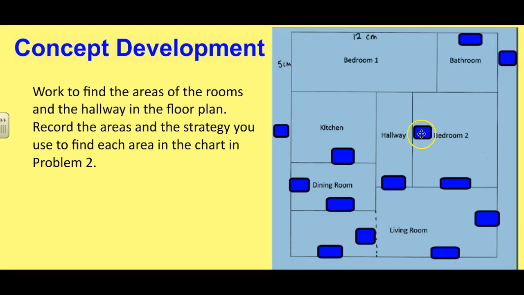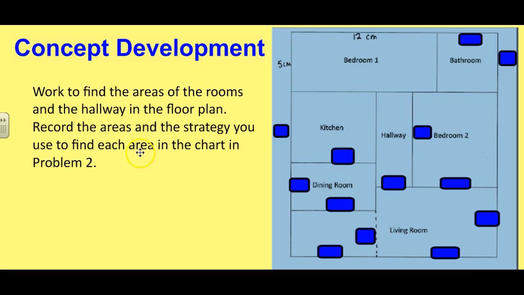So you can use these as a guide, because this length or this width is going to be the same for bedroom 1 and the hall, or bedroom 2 and the hallway, since they're right there on that same side. They're both going to have the same side lengths right here. So this will take you just a little bit, but make sure you're using your ruler correctly, and you're measuring to find the side length of each room.